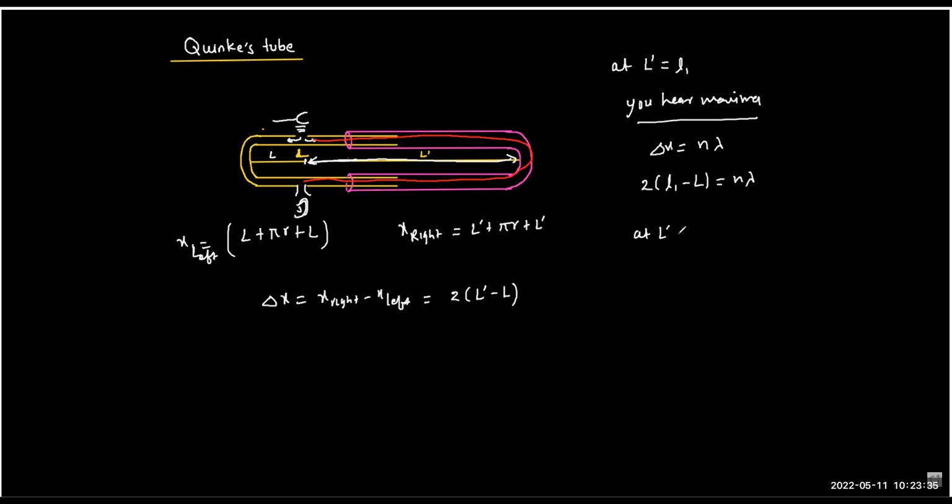At L dash equals L2, you hear the next maximum, the consecutive one. Now, what does it mean? 2 times L2 minus L must equal n plus 1 lambda, isn't it? Because we are hearing the next one.